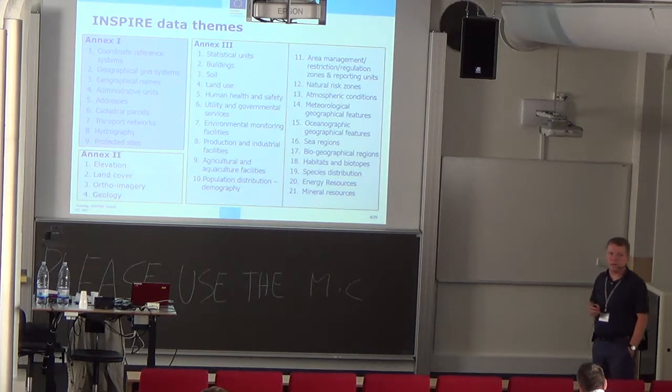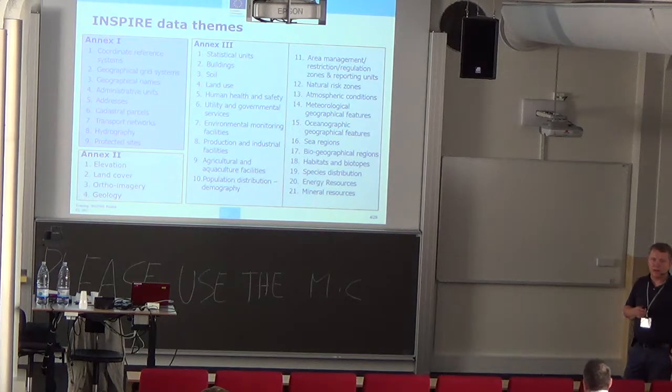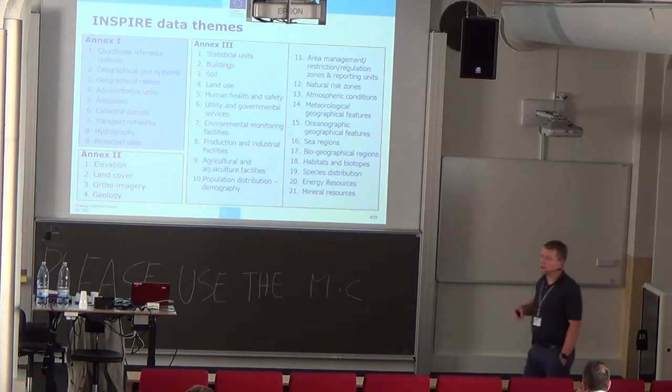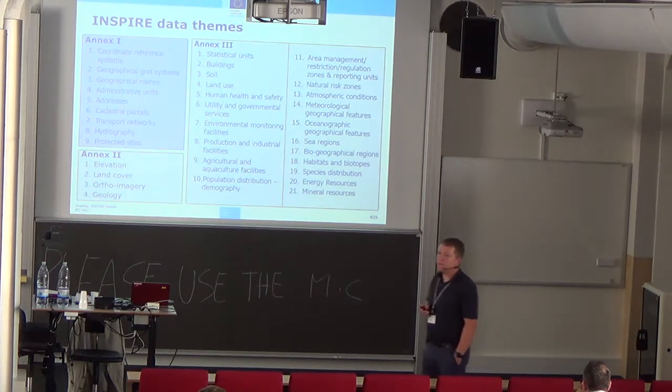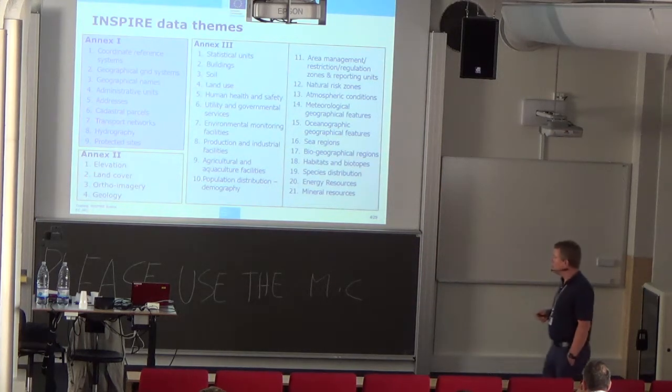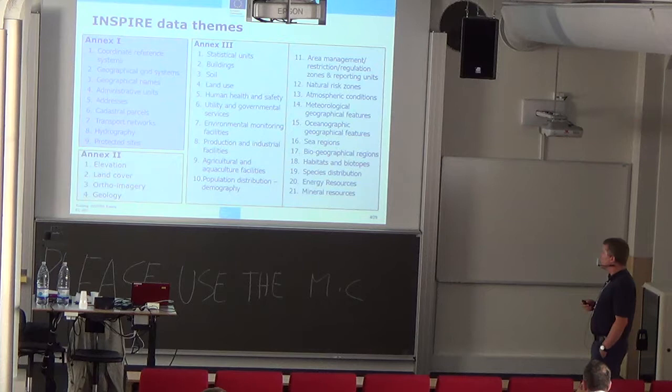All of them are available on the Inspire website. There are also different versions of these documents, and you can clearly see improvement from one version to another. The last version is 3.0, which was published as a final version together with the implementing rules.